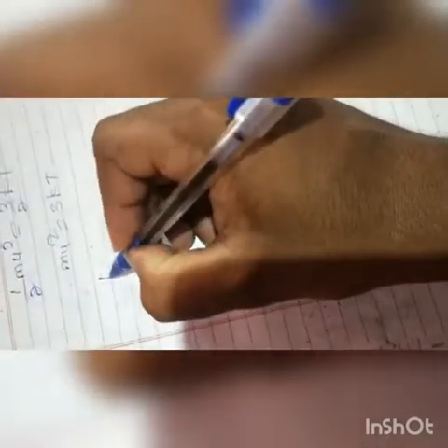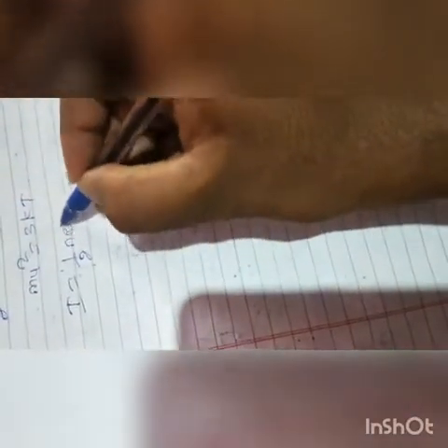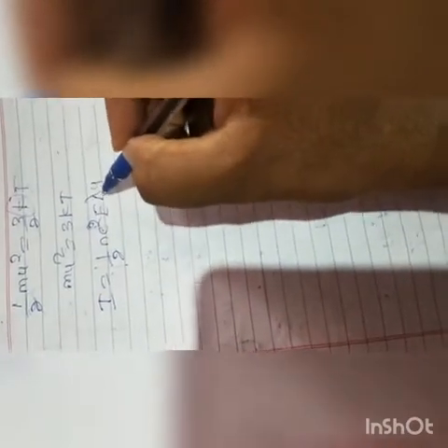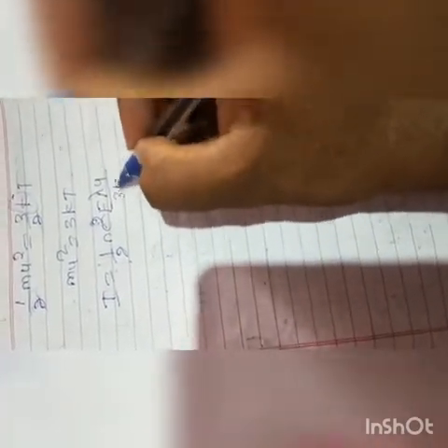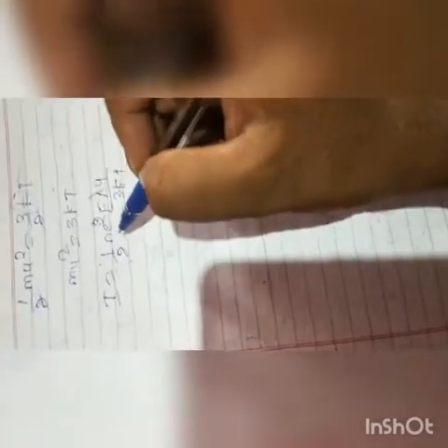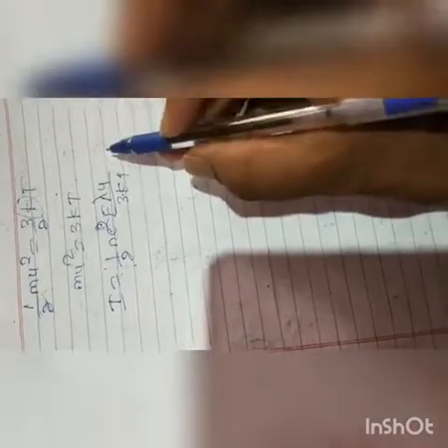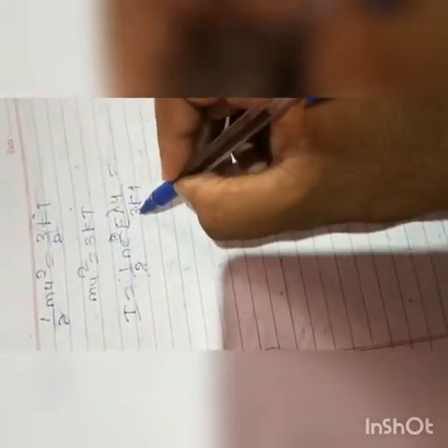Okay, next I put this into the previous equation, that is the current equation. We already know I is equal to 1 by 2 n e square capital E lambda into u divided by 3 kT, here m u square. Next, 2 into 3 is 6.